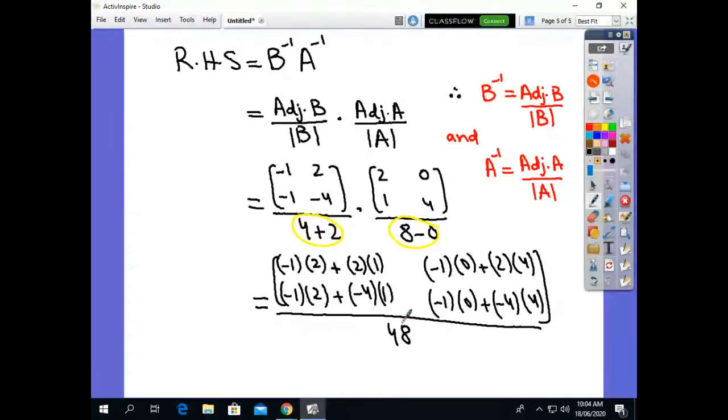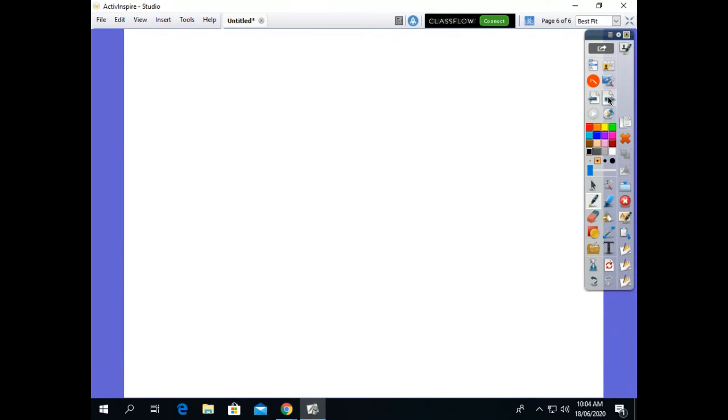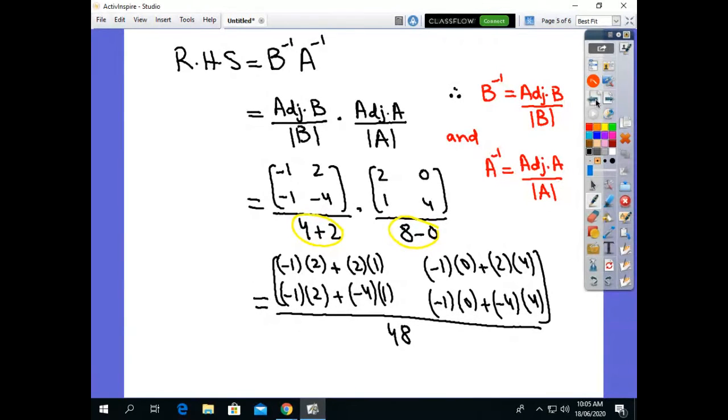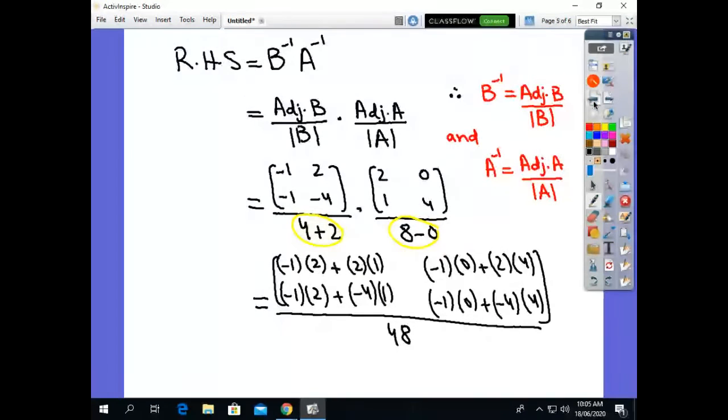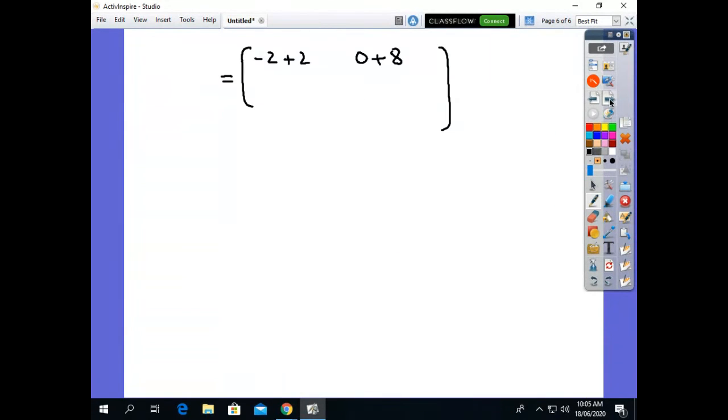Now we simplify. It's -2, +2, then 0 plus 8, then -2, -4, and 0, -16, divided by 48.